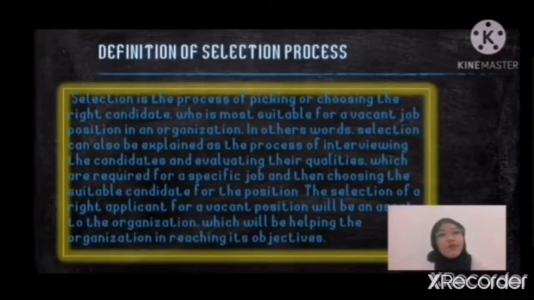The selection of a right applicant for a vacant position will be an asset to the organization, which will be helping the organization in reaching its objective.